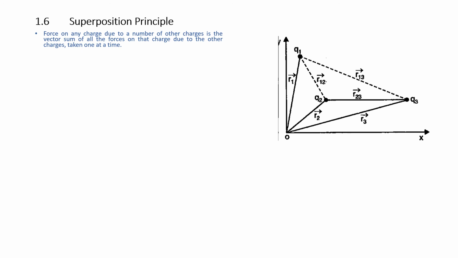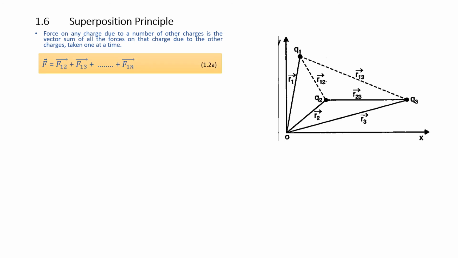Now we are required to find the effect of Q2 on Q1 and the effect of Q3 on Q1. To calculate the effect, we should always know the direct distance between Q2 and Q1, that is vector R12, and Q3 and Q1, that is vector R13.